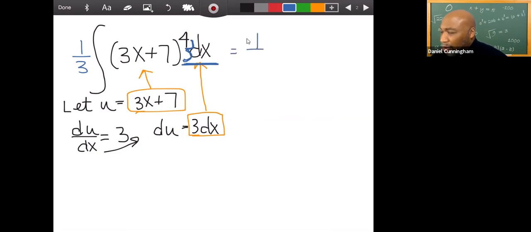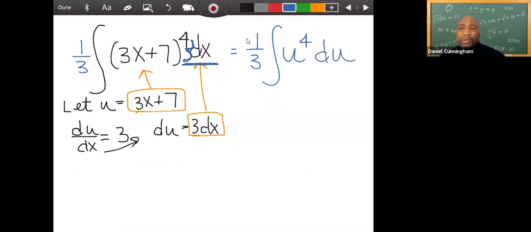When I do this problem, I'm going to do it in blue. It's going to be 1/3, in terms of u, u to the 4th, and this is exactly du. You can only substitute du when you see it exactly there. Now in our case, we integrate with respect to u. So this is 1/3 times u to the 5th over 5 plus c.